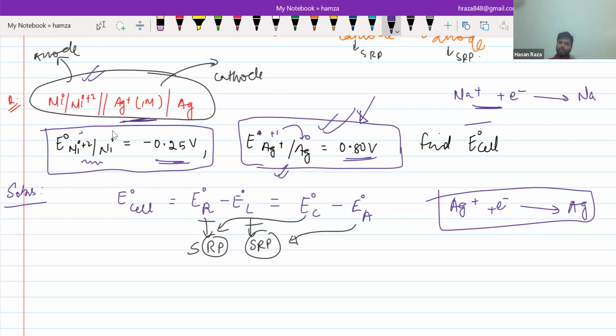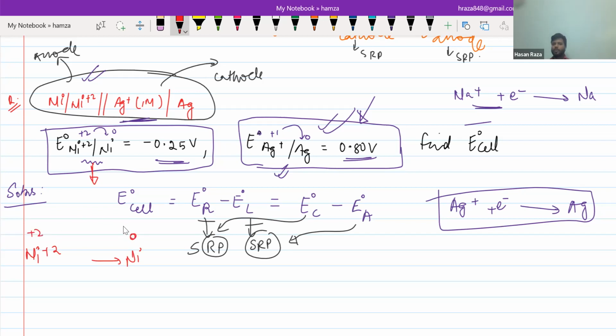Can you tell me whether plus 2 going into 0 means oxidation or reduction? Hamza, Sneha, oxidation or reduction? Please answer me. Do you have any doubt in this? Please ask me. Ni plus 2 is converting into Ni, and if it is in elemental form, that means oxidation state 0.